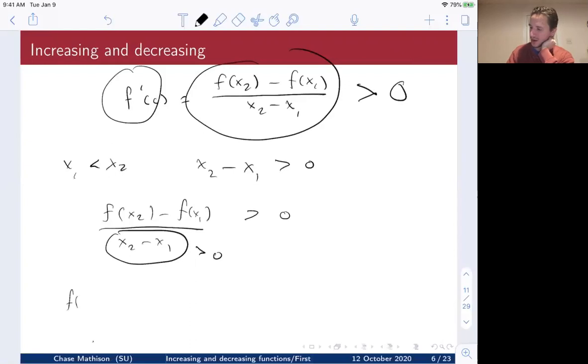So what can I say about f of x2 minus f of x1? If I divide two numbers and I get a positive number, and I know the denominator is positive, then the top has to be what?